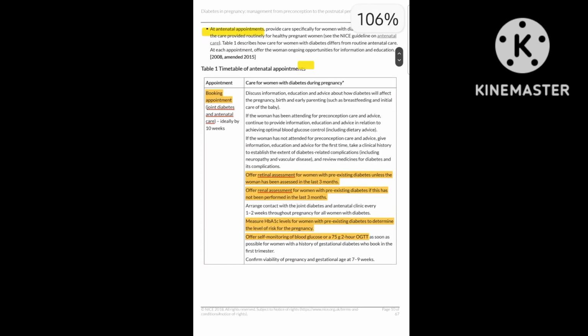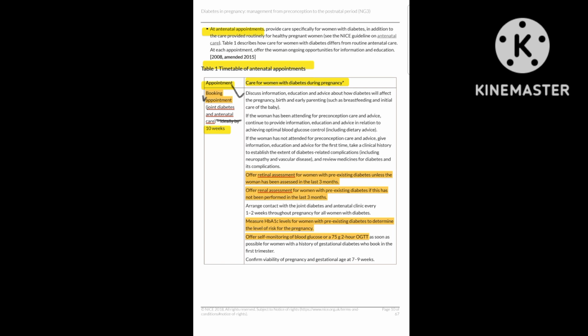Now this is the timetable for antenatal appointments. Appointment care for women with diabetes during pregnancy. Booking appointment: join diabetes and antenatal care ideally by the 10th week. Discuss information, education and advice about how diabetes will affect the pregnancy.